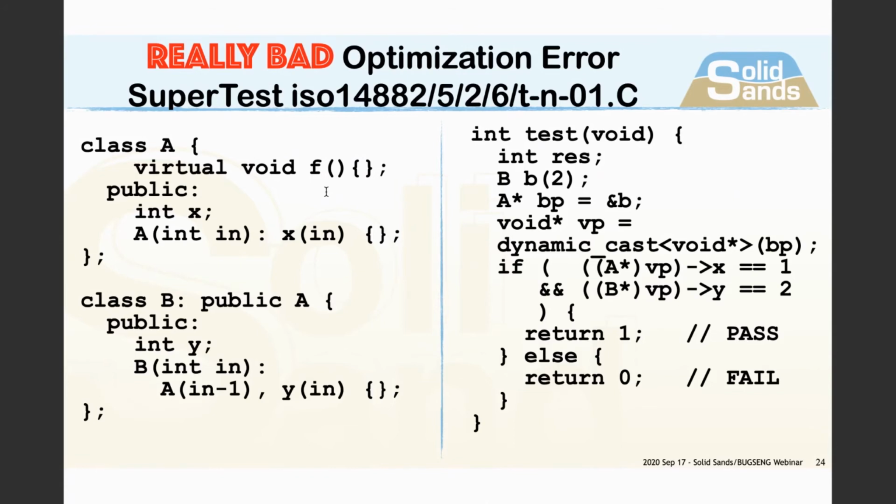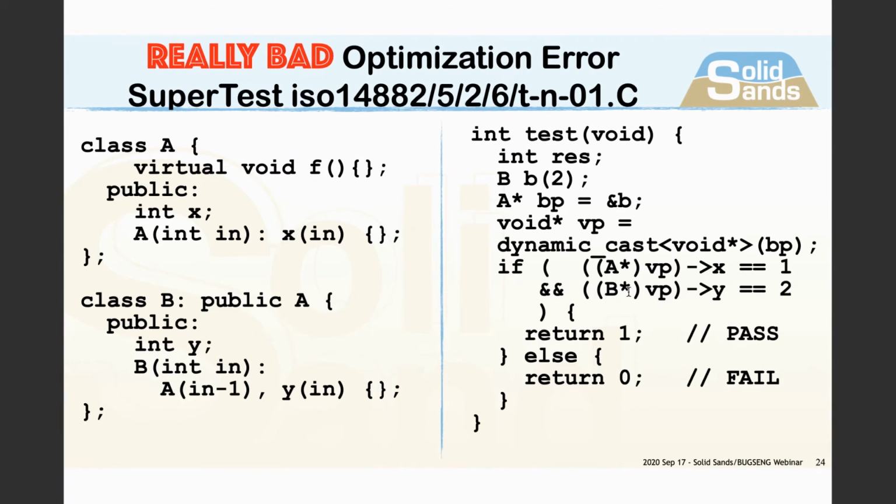I'm not asking you to understand C++ here, but this is a class that inherits from another class, so there's an inheritance structure, and here we have some casting going on from a pointer to a B object to a void pointer, and then we cast that void pointer back to a pointer to A or a pointer to B. Now this is all legal. In terms of the language definition, you may say, well, I would never write this code. This is ugly. This never happens in reality.